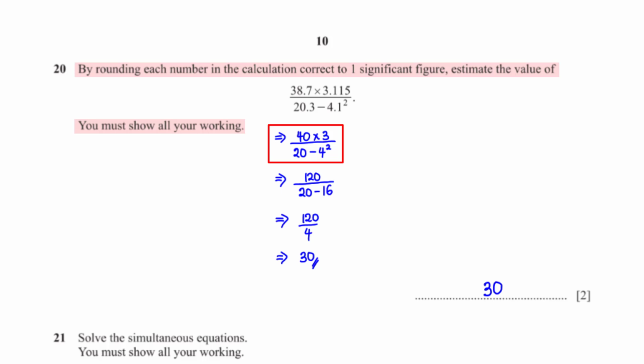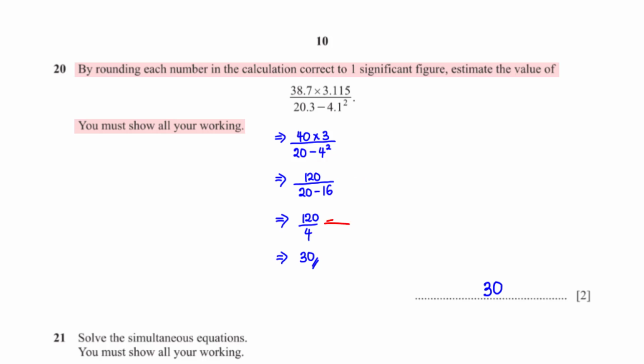So 20.3 becomes 20. For 4.1, the first significant figure is 4. The number after 4, which is 1, is less than 5. So we maintain 4 and the numbers after 4 become 0. So 4.1 becomes 4.